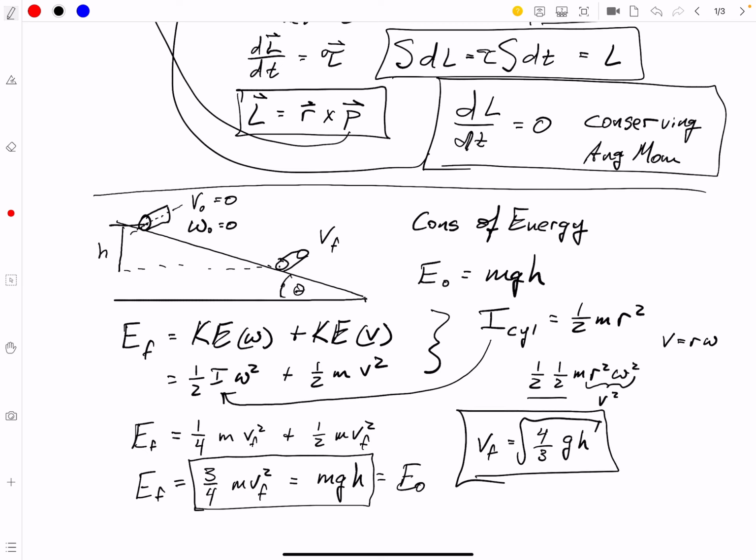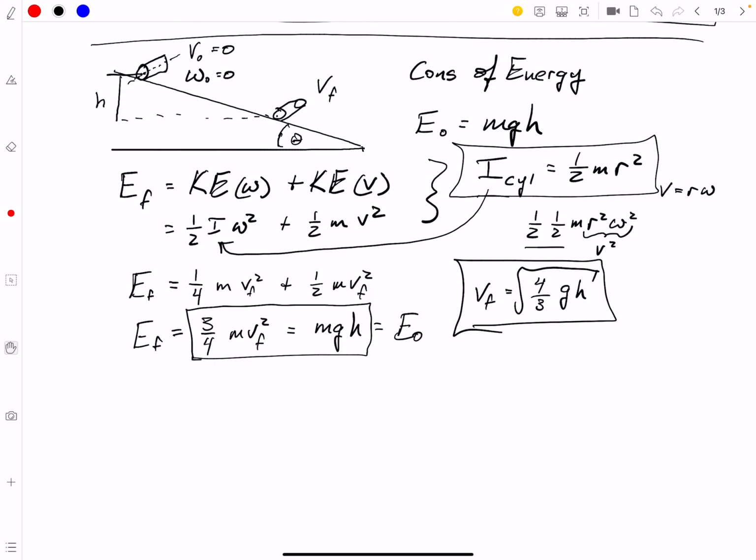Okay, I'm telling you that because you'll want to be able to do this on the test. You just might have a different moment of inertia for a different object. So that's good to know.